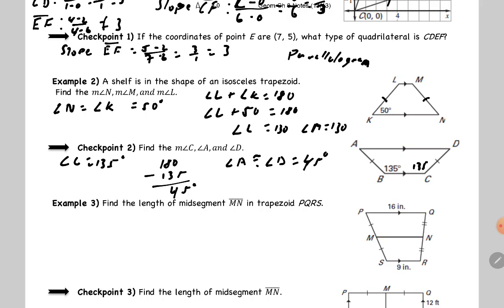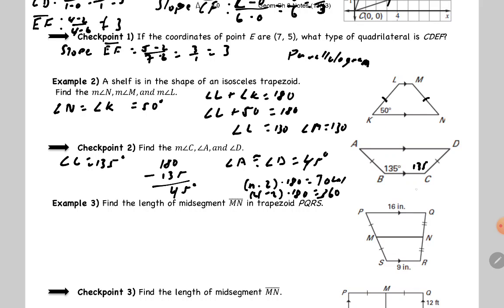If we didn't have that theorem that said that the consecutive angles that weren't base angles are supplementary, we could still use the formula n minus 2 times 180, and that will give us the total amount, which is 360, because this is a four-sided object.